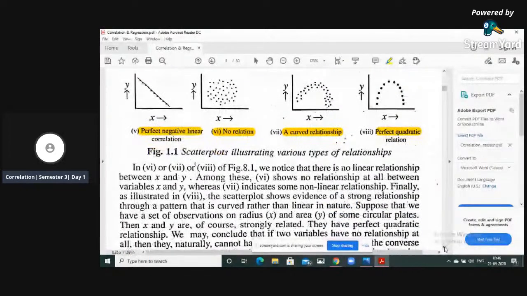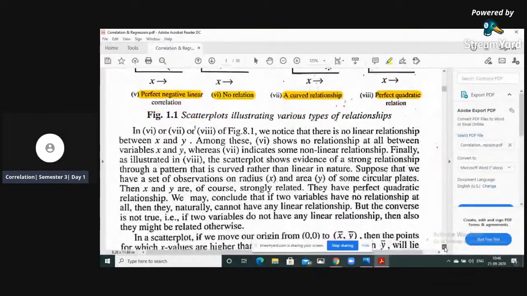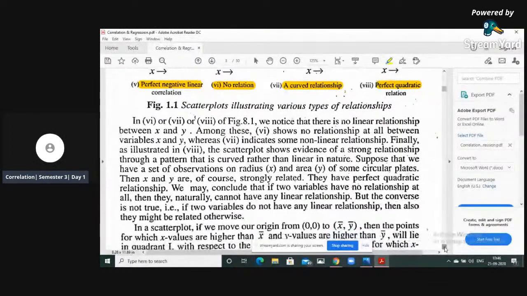In this paragraph, all these relationships are being explained.